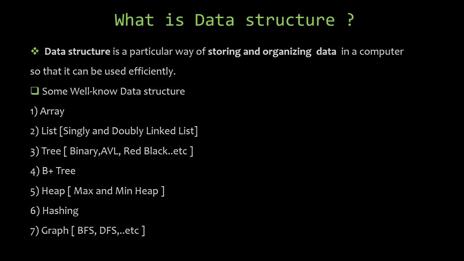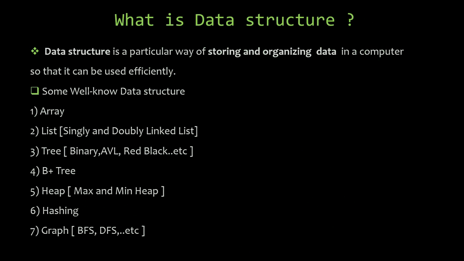There are some well-known data structures, which are the array. You must be aware of array, that you can store all the data sequentially in the array. Then list. In the list there are different types, singly and doubly linked lists. Then there is a tree and B plus tree.